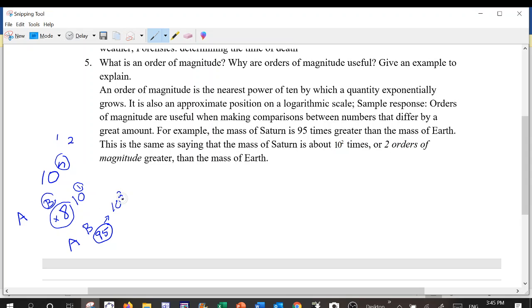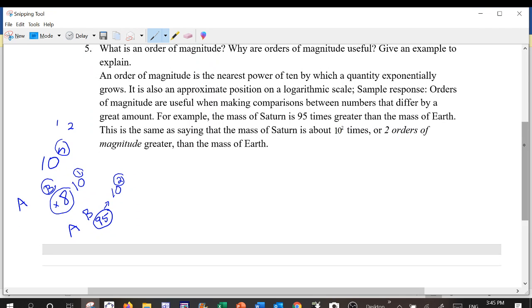So we say B is 2 orders of magnitude bigger than A. So that's the idea of orders of magnitude. I wanted to mention that in case some of you hear it, that's what it means.